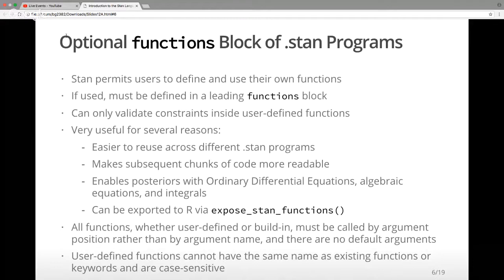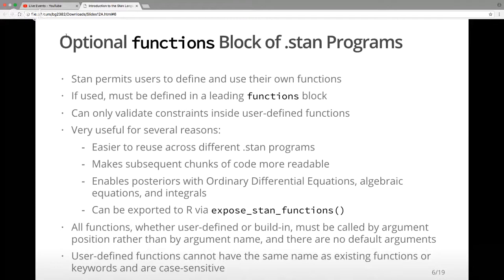Functions in the Stan language, regardless of whether it's your own or the built-in ones, have to be called by argument position rather than by argument name. This is one of the things that makes them different from R, but that's the way it is in C++.